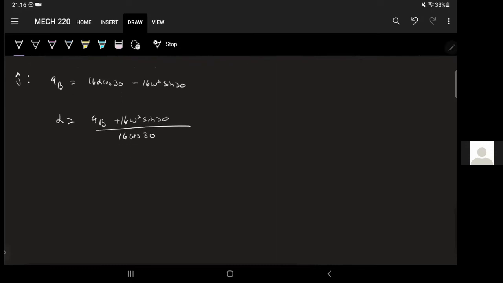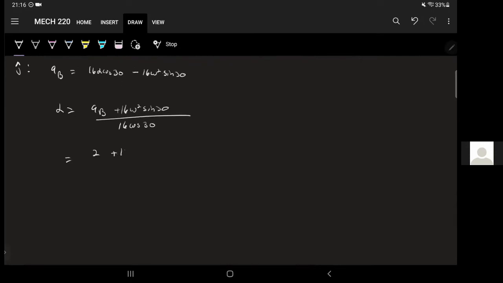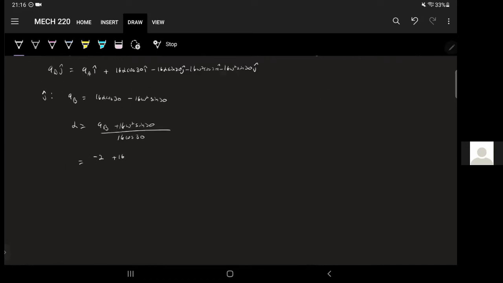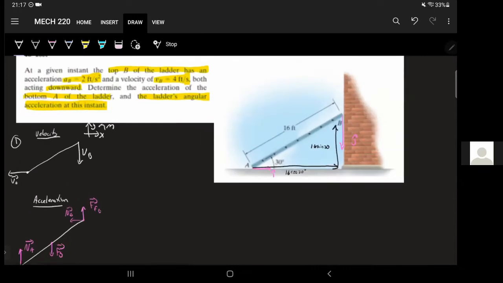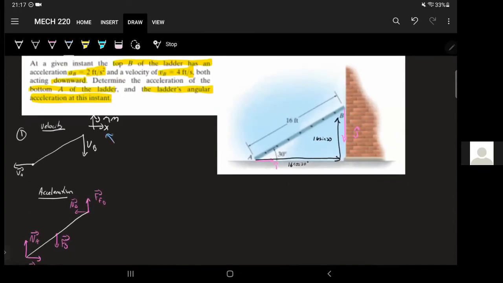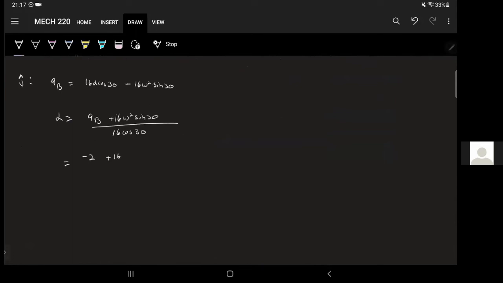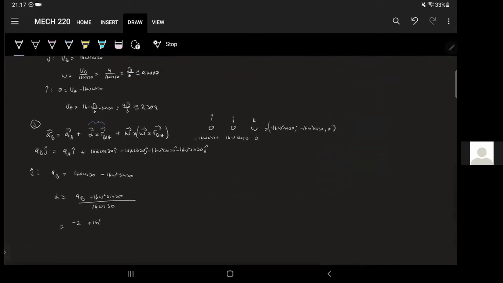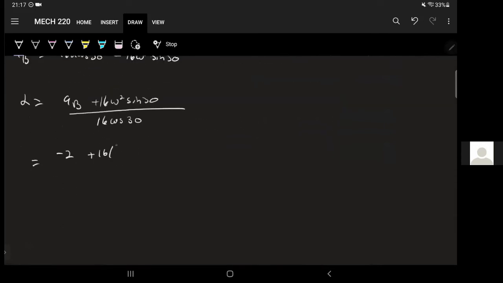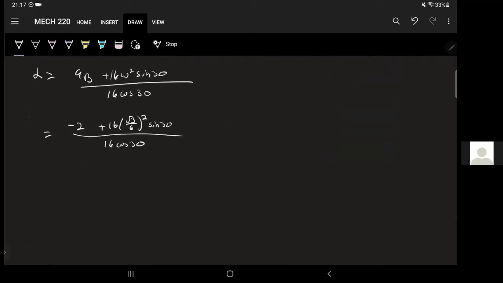We know alpha, we know A, which is, sorry, minus 2, because if we go back here, if I want to respect my axis that I chose, I am going to need to put a minus in front of it because it's going downwards. So it's minus 2 plus 16 omega squared, omega squared that I found before to be square root of 3 over 6 squared, sine 30 over 16 cos 30.